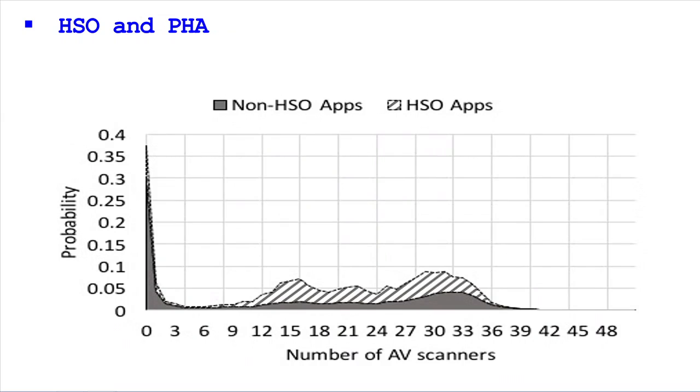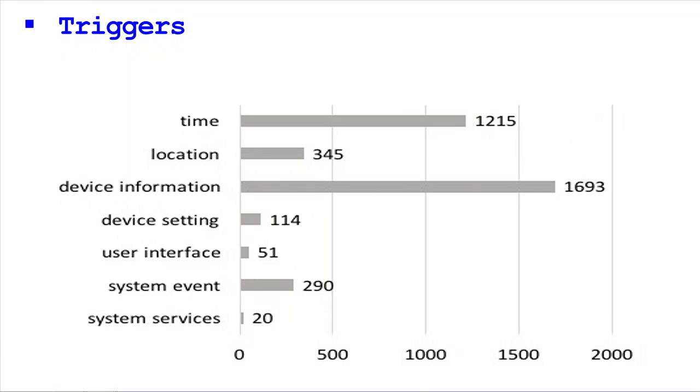This graph shows the relation between HSO and PHA, which means potentially harmful applications. And we find that there indeed is a positive correlation between HSO and PHA. And this graph shows the distribution of triggers. We found that, as expected, the majority of the triggers come from device information and system events, and also time and location, but some HSO are actually based on user interface.